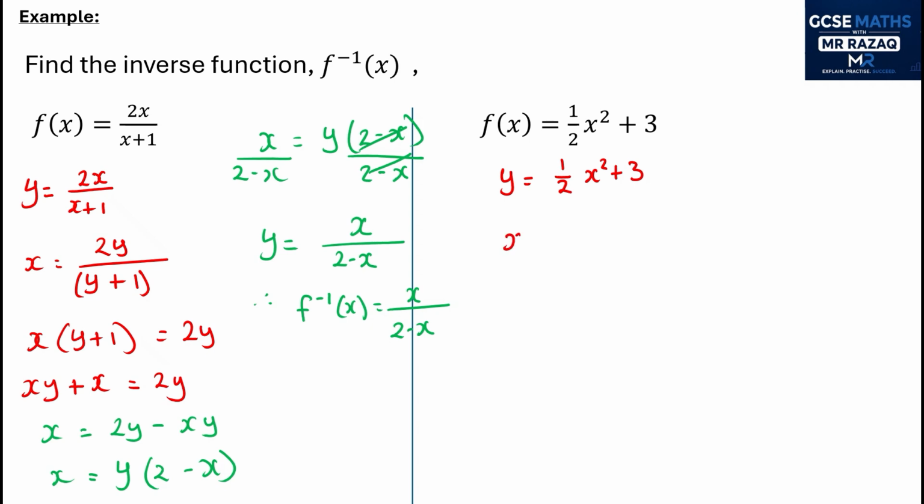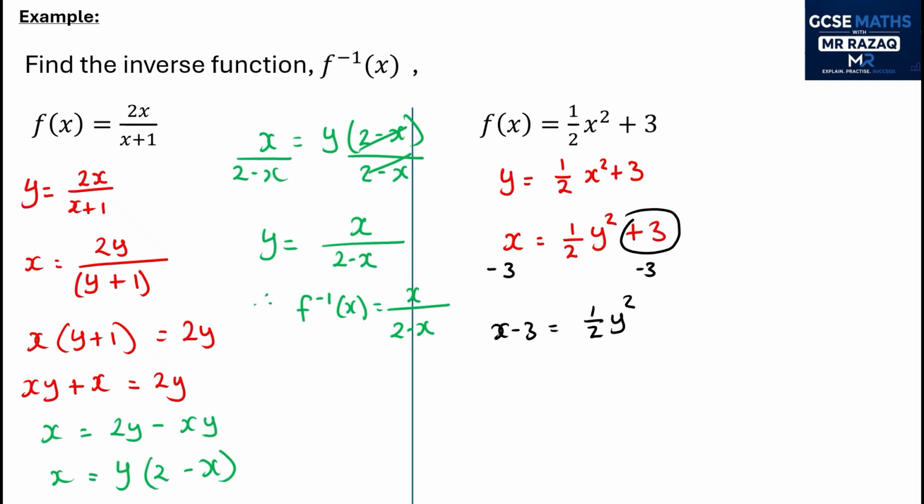That gives me x is equal to 1 over 2 y squared plus 3. Make y the subject of formula. That means take all of this plus 3 to the other side, so it becomes minus 3, and you're left with x minus 3 is equal to 1 over 2 y squared.